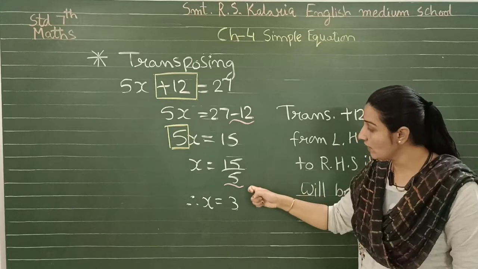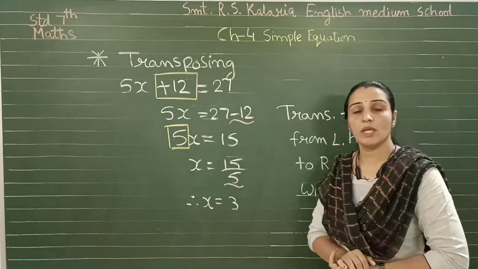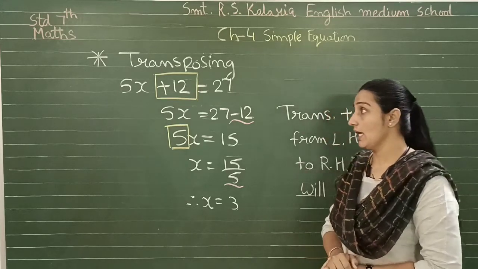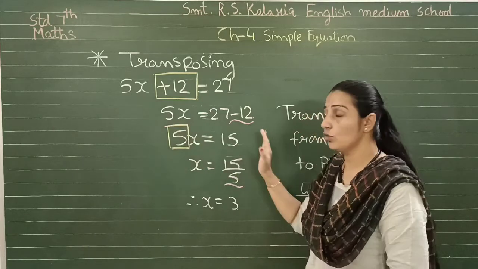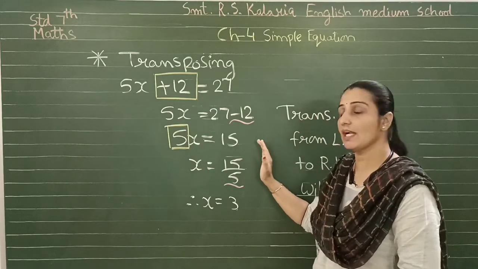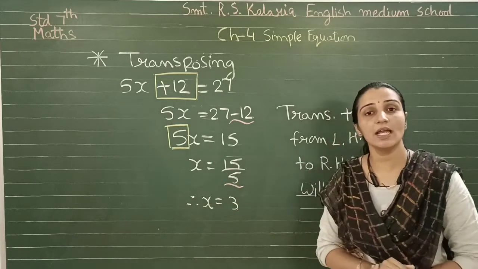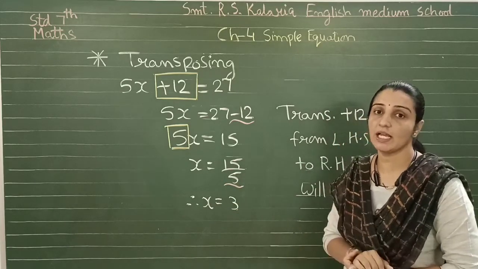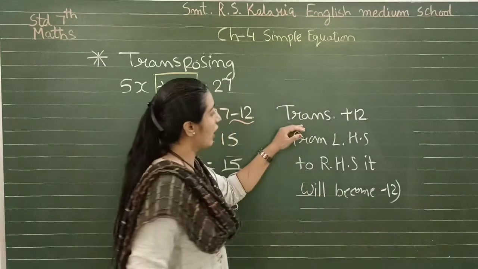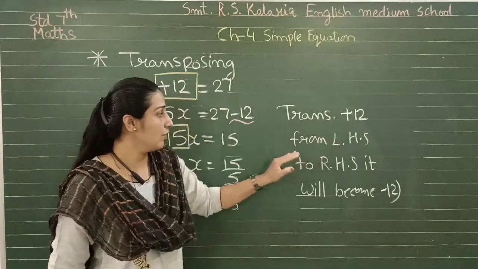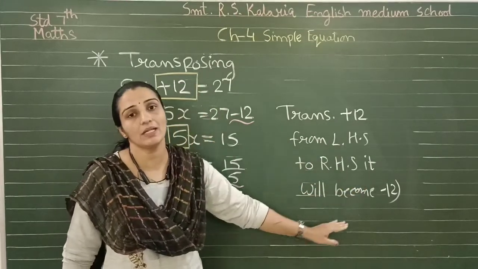Now what is 15 divided by 5? 3. तो ट्रांसपोजिंग में आपको यही याद रखना है कि we are shifting from left hand side to right hand side, or from right hand side to the left hand side. बट याद क्या रखना है, जो है उसका उल्टा हो जाएगा जब आप शिफ्ट करते हो तब. So that is transpose plus 12 from left hand side to right hand side, it will become minus 12.